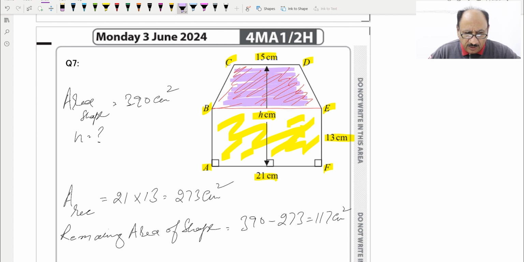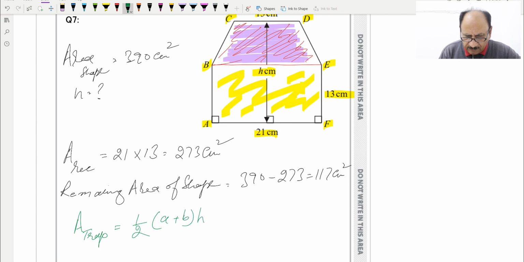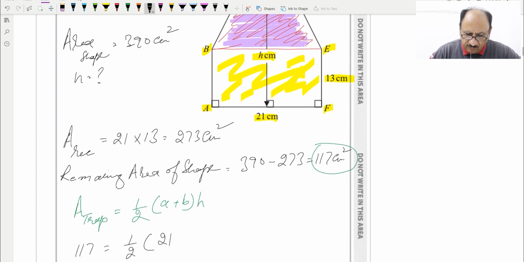So we can apply area of trapezium formula, which is what? Area of trapezium will be equal to half into A plus B, which are parallel sides, into H. And now area of trapezium, we know remaining area is 117, so we can write here 117 is equal to 1 by 2 into A plus B, one side is 21, the other side is 15.